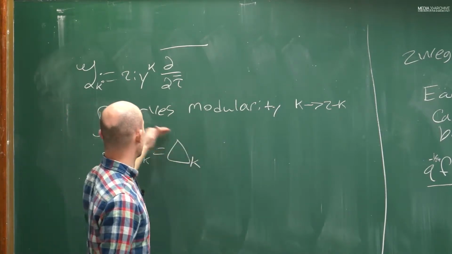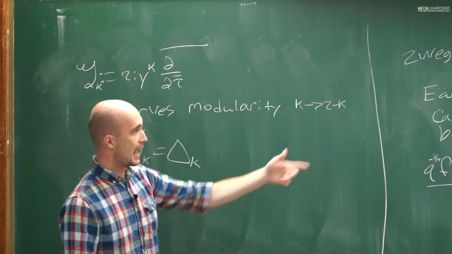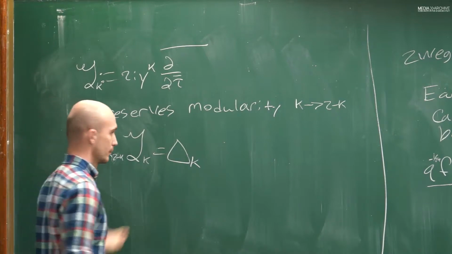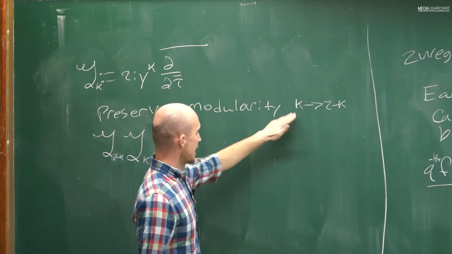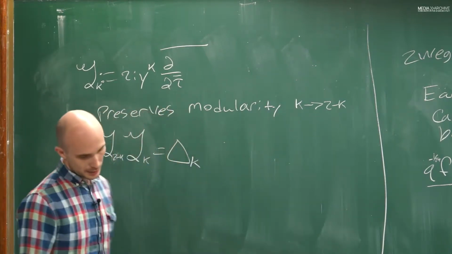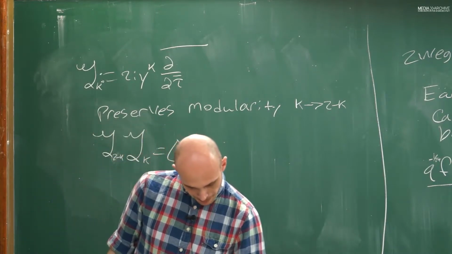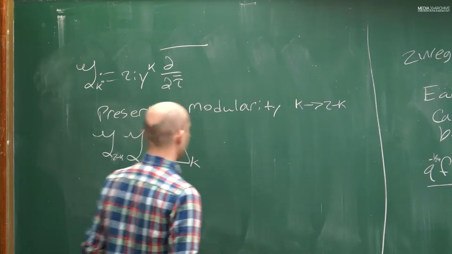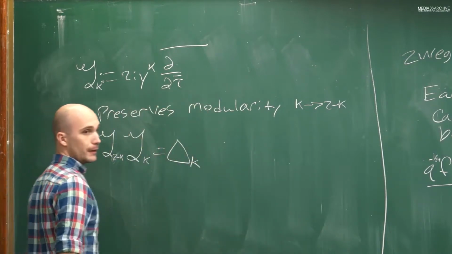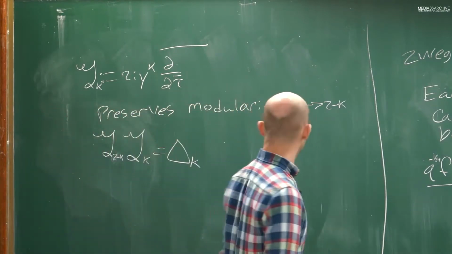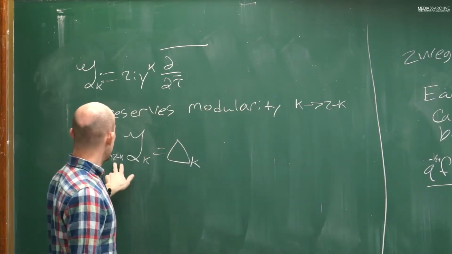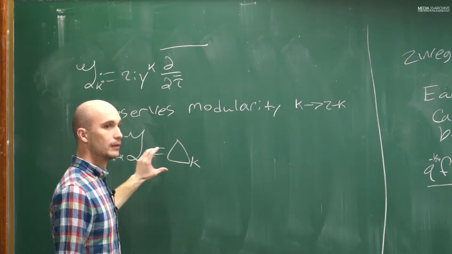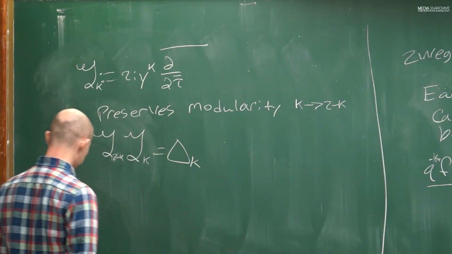That means it will preserve the eigenvalue with respect to the Laplacian as it changes the function from weight k to weight 2 minus k. So weight 2 minus k is dual to weight k.